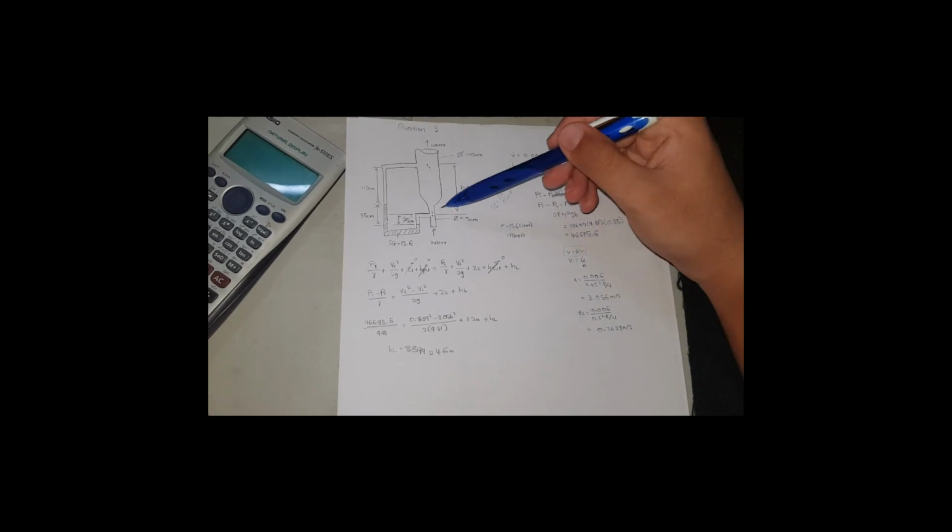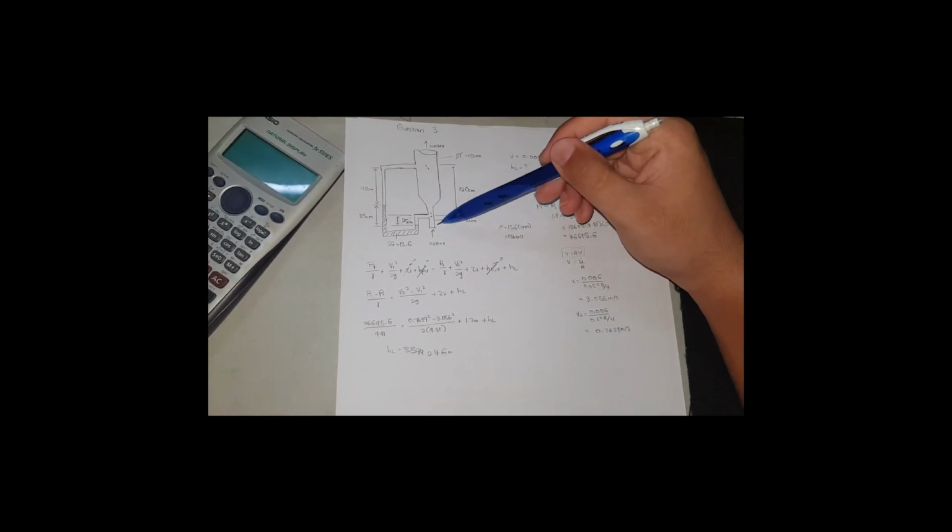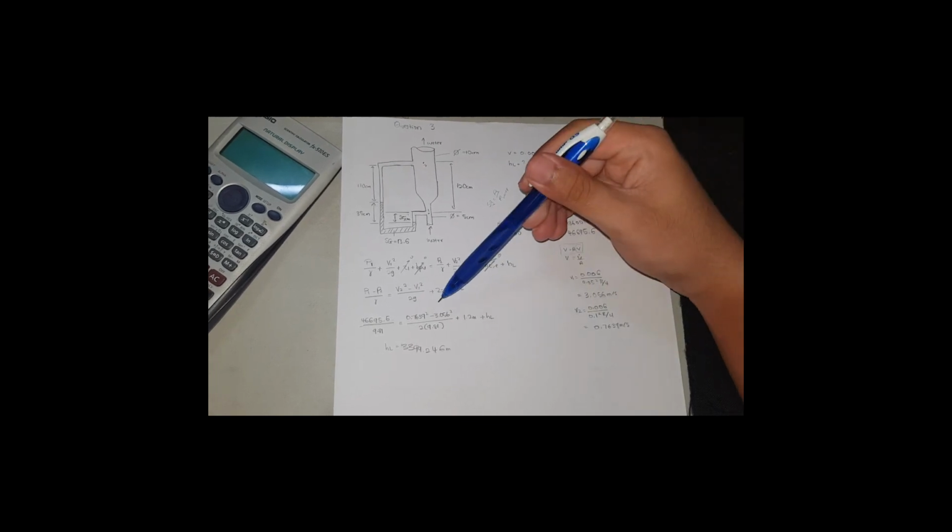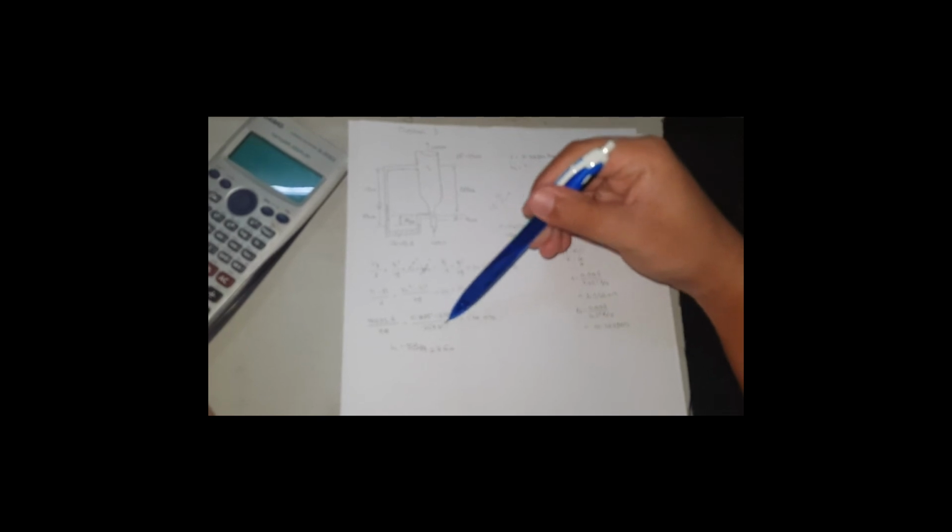Same goes to the V2. Take this into here. For sure the V1 has a higher value than the V2 because we can look at the diameter. Okay, and put it inside the gravity 9.81 plus 1.2 meter.